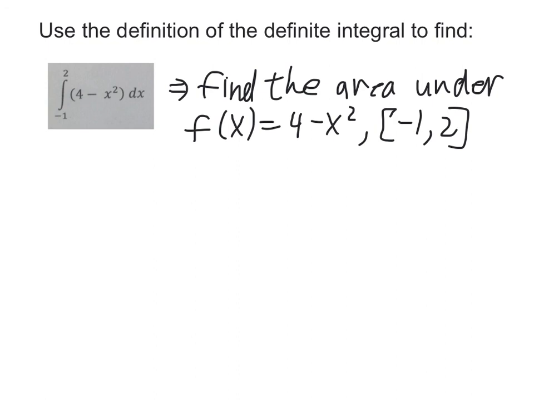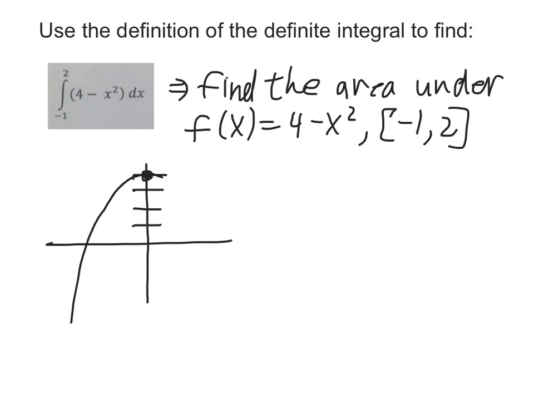And to get an idea of what we're going to be doing here, the graph of the function 4 minus x squared is going to be a parabola. (0, 4) will be the top point, and then it looks like that. Now, since we're starting our interval at -1, -1 has a function value of what? 3.